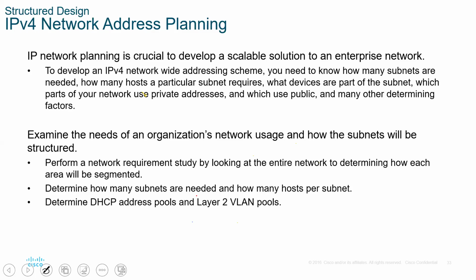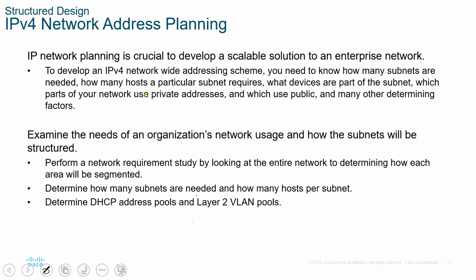Examine the needs of an organization's network usage and how the subnets will be structured. Perform a network requirement study by looking at the entire network to determine how each area will be segmented. Determine how many subnets are needed and how many hosts per subnet as well.